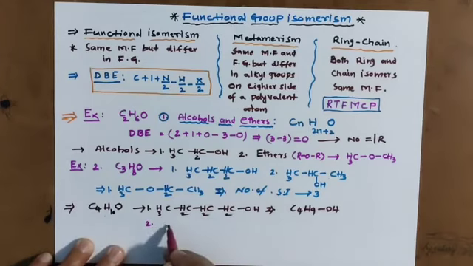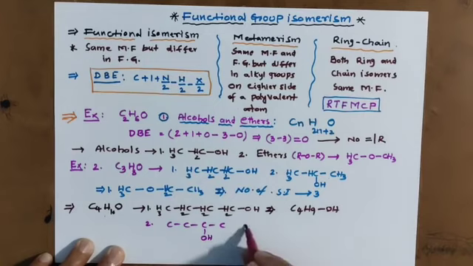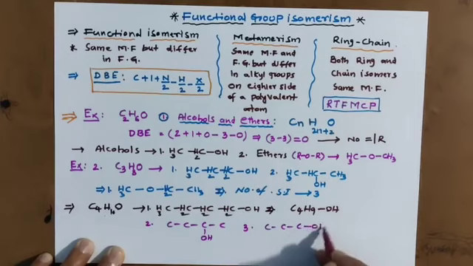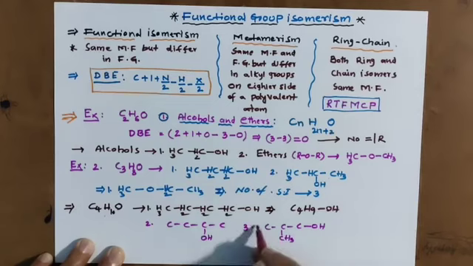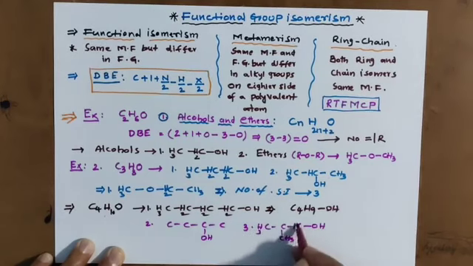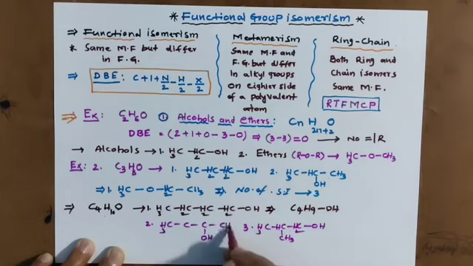Isobutyl alcohol. 1, 2, 3, 4. And you go for here, one you are getting. And you draw another one. C, three carbons, OH group. And you take here CH3. Am I right? And this is now CH3, CH3, CH2, CH.